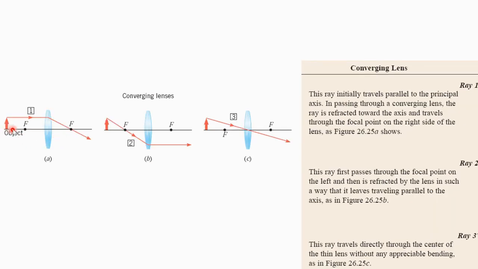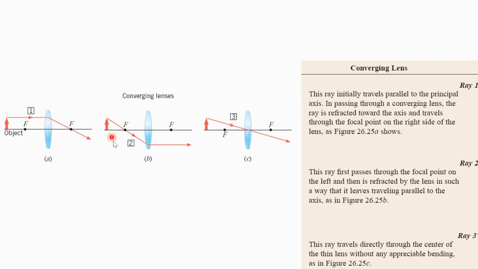So our object is to the left of our focal point here. Our first ray initially travels parallel to the principal axis and then is refracted so that it goes through the focal point on the other side. Our second ray goes through that initial focal point and then is refracted parallel, just the opposite of the first one. And then we have our third option, which goes through the center of the lens.